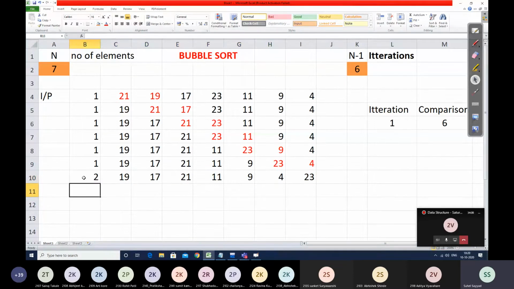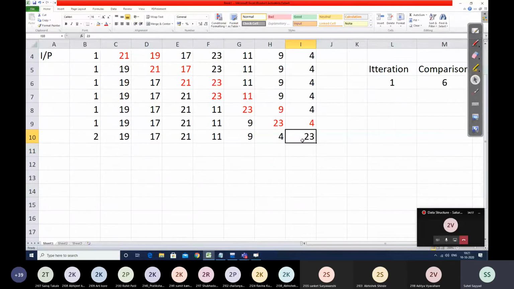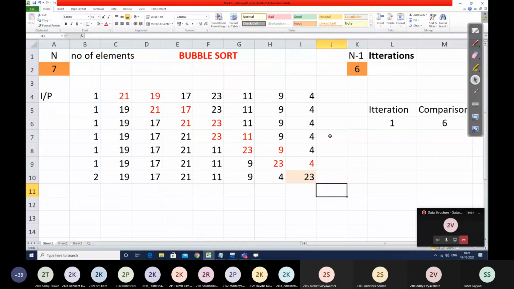Now for second iteration, henceforth we will not be considering 23 because 23 has reached its appropriate position. So we'll keep 23 aside now because the statement is we reduce our problem by 1 from right hand side.